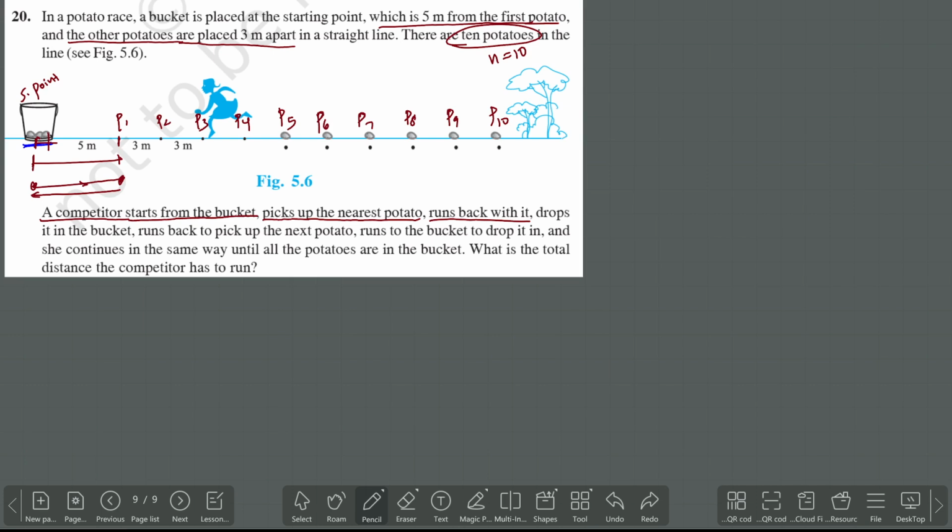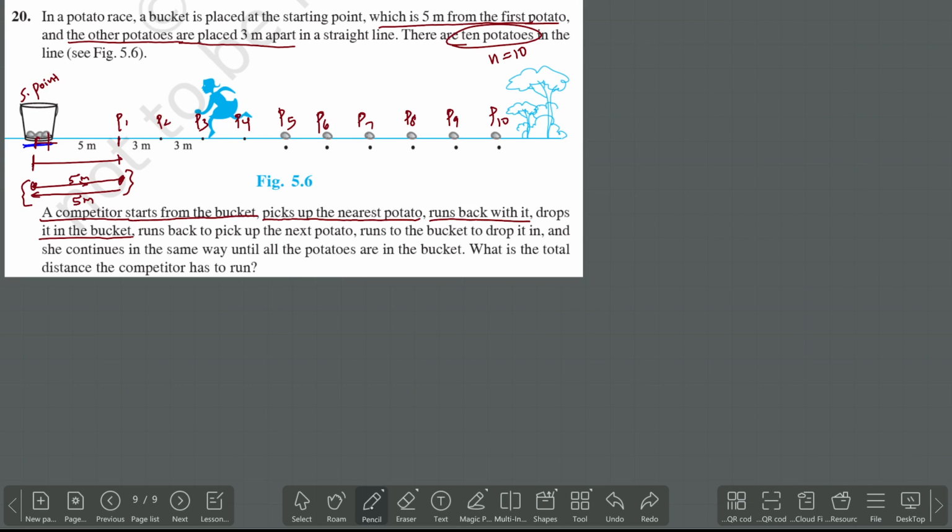Drops it in the bucket. Very important. Now that competitor runs how many meters? 10, because they go 5 meter and come back 5 meter. Then 5 plus 5, 10 meter they are running. It's very important. Do you understand?